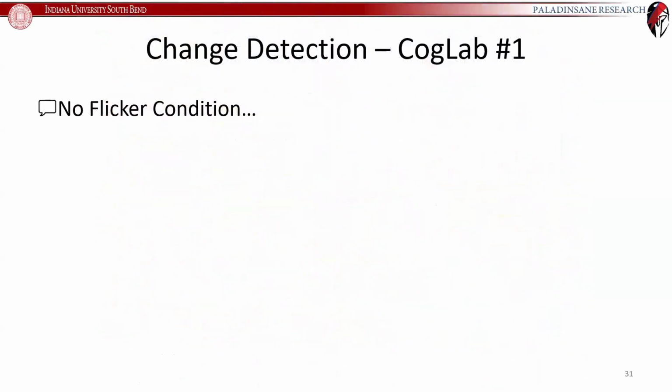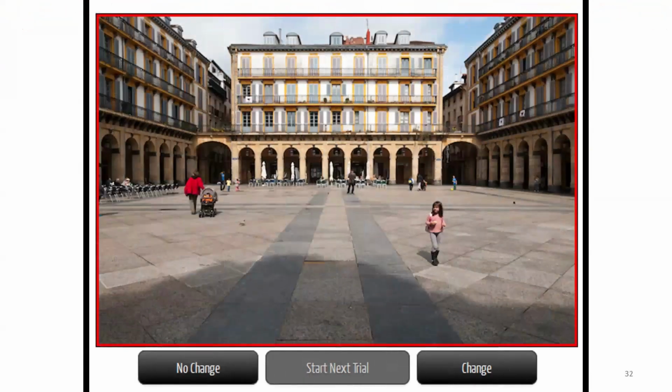We also had the no flicker condition. And in this case, there was no intervening gray lines between the pictures. So here we have an example of the no flicker condition, and you let me know if this one has a change or no change. All right, so this one is immediate.